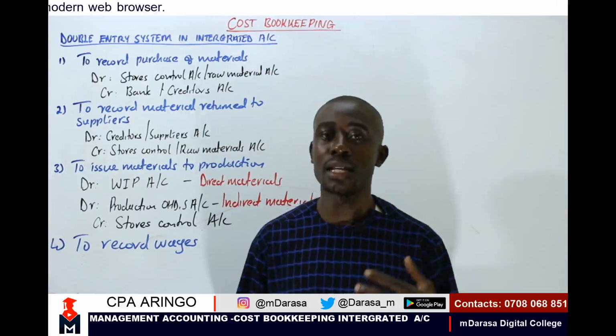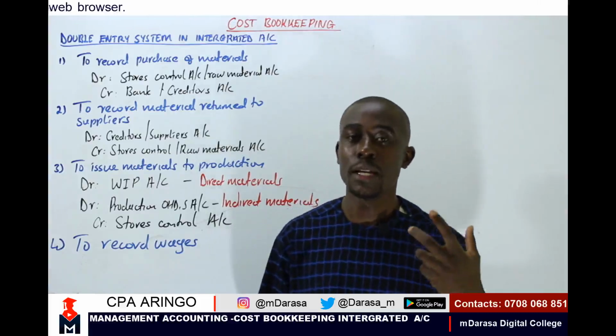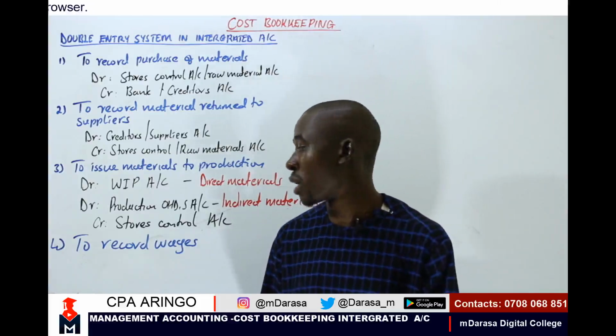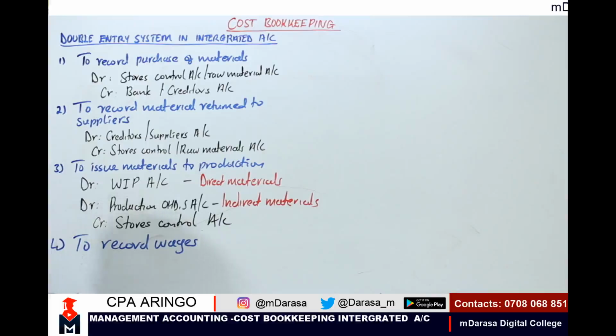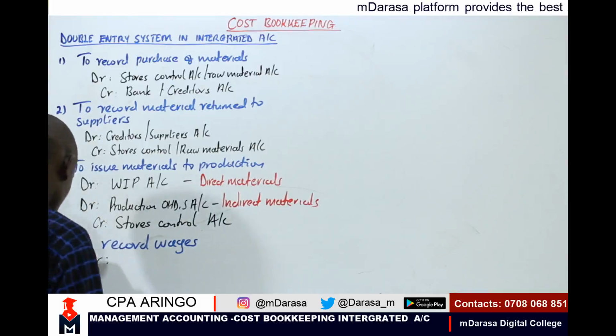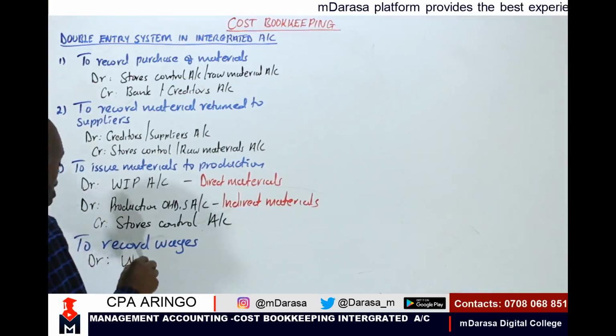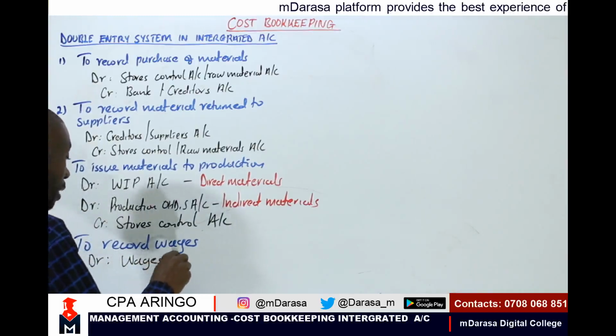I can either pay in cash or bank. Solving this case clearly, the expense account, which is a wage account, meaning that we are going to debit our wages account.